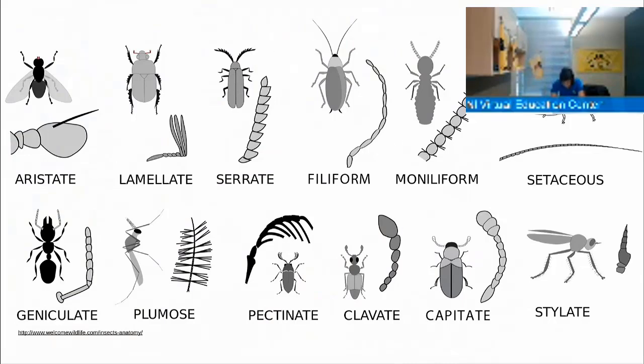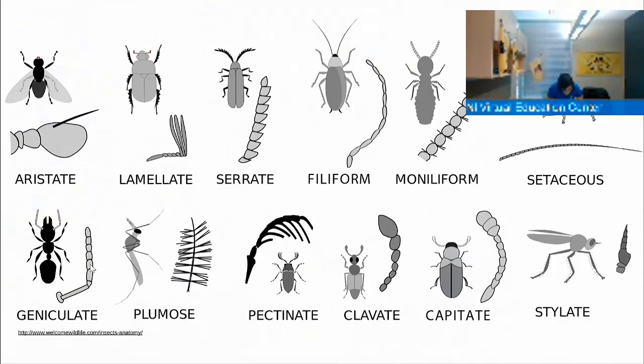So how do I know if I have a termite or ant? Look at the antennae. That's a very easy one. The termites have antennae that look like a pearl necklace, called moniliform. Now, ants have antennae that look like an elbow. Elbow is ants.